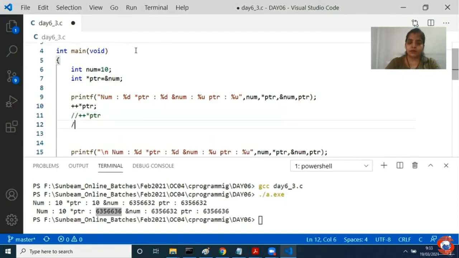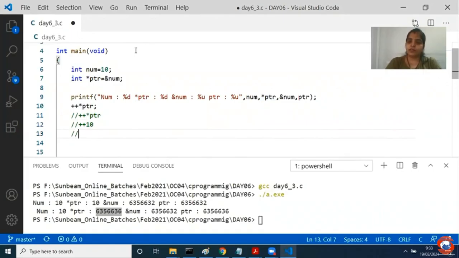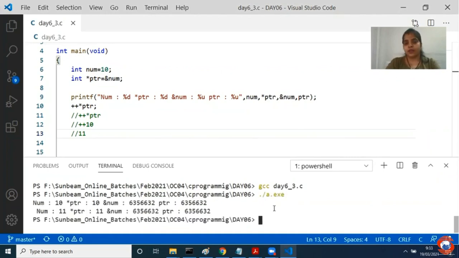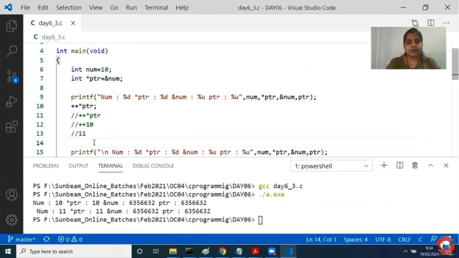Plus plus value at ptr. What is value at ptr? Can you please tell me? 10. अगर प्लस प्लस 10 किया तो मुझे क्या आउटपुट आएगा? It's a value, तो वो मुझे 11 देना चाहिए. Please understand the difference when I write this, how it makes the difference. So you need to remember these combinations.